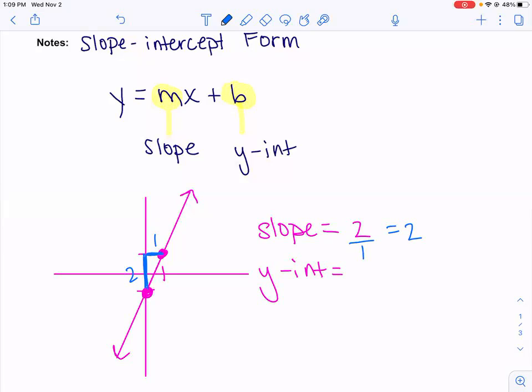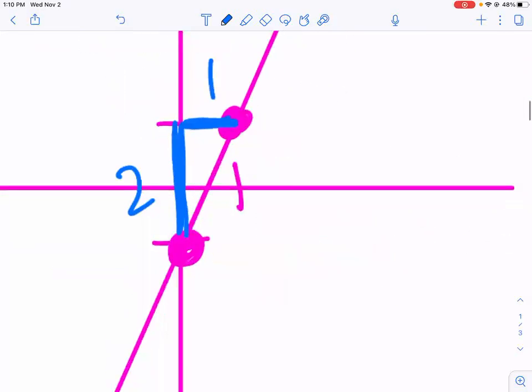Preston, before you go fill up your water bottle, what's our y-intercept? Elliot, where did he get -1 from? He said the y-intercept is -1. Where'd he get that from? Look at the graph. Okay, here we go.